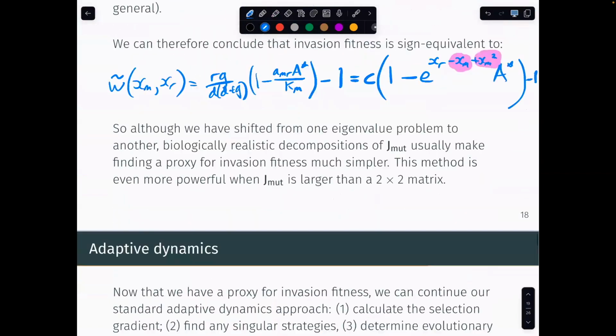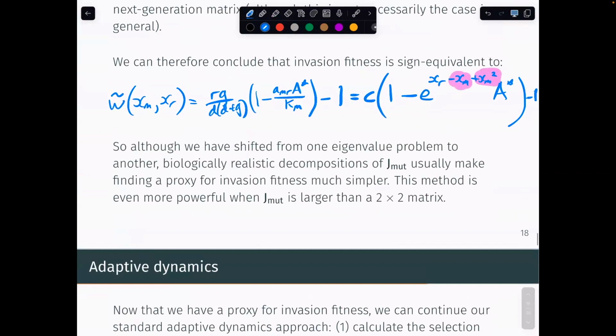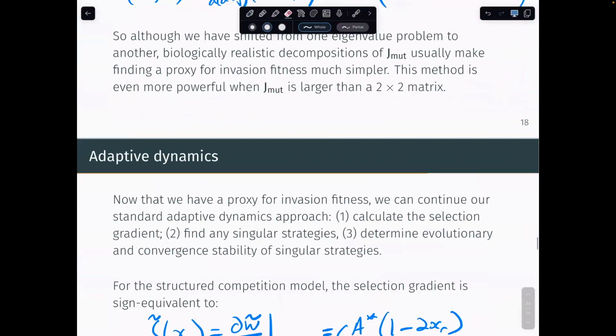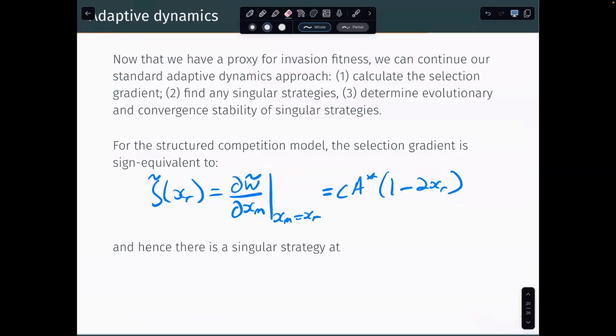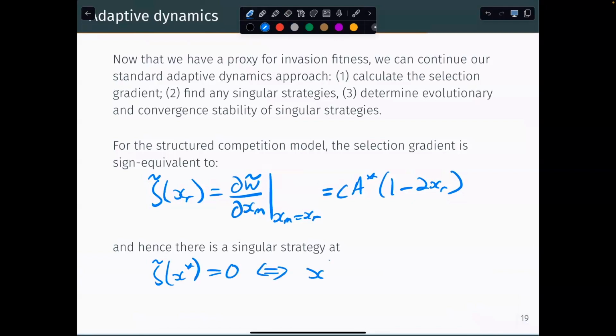The reason being is that we'll still have an exponential term when we take the partial with respect to xm, but then when I set xm equal to xr, we're going to end up with e to the 0, so that just goes to 1. So our selection gradient looks a little bit nicer. From this, it should be pretty clear as well that a singular strategy x star occurs if and only if x star is equal to a half.